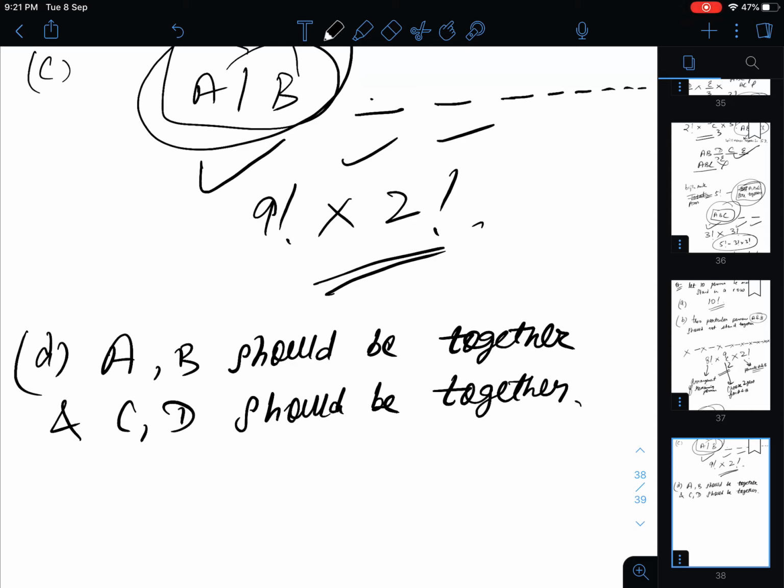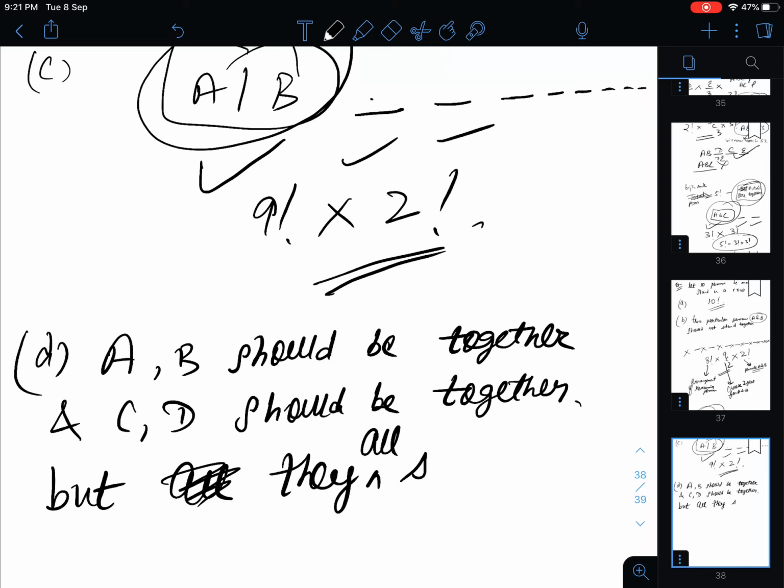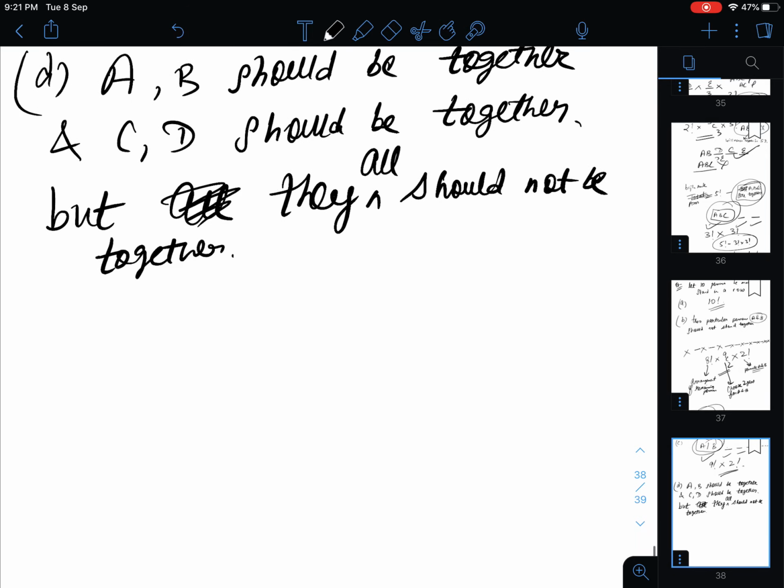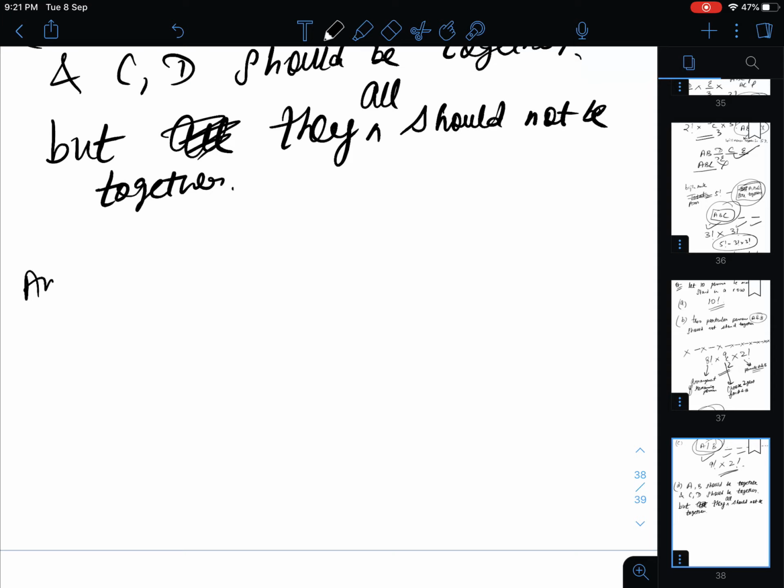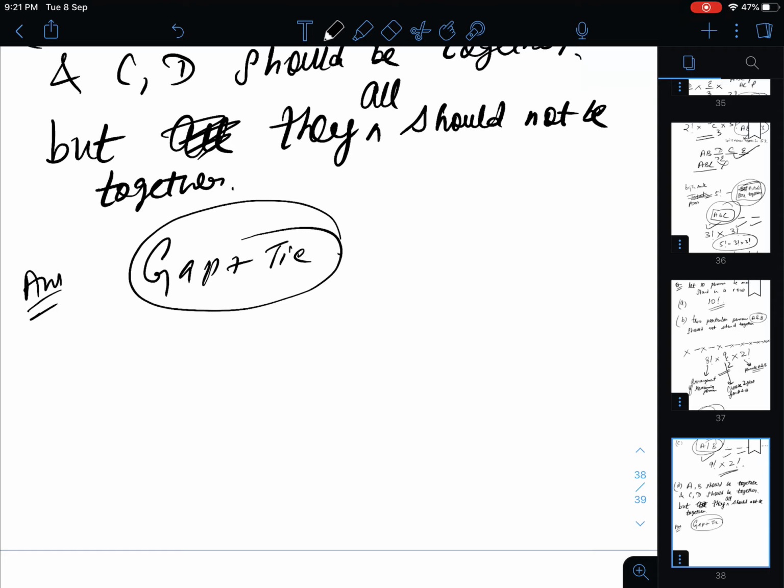Okay, but they all should not be together. So in this case basically we have to use a combination of gap plus tie method. Okay, let's see how to do that.